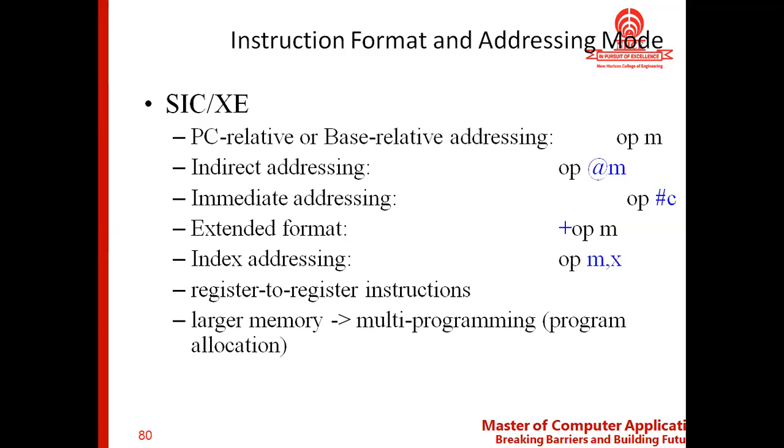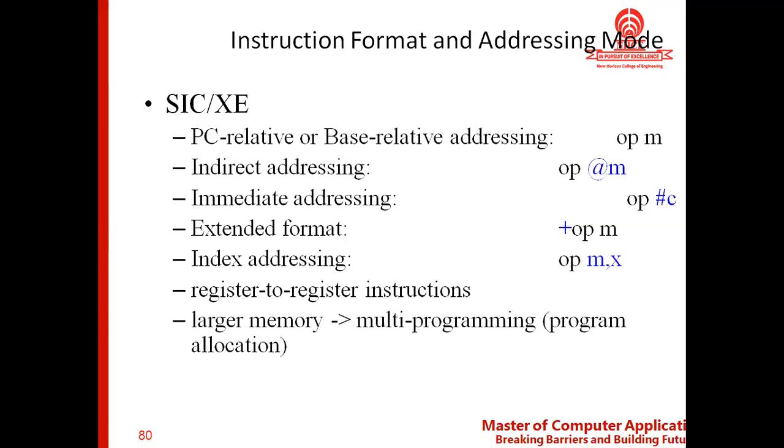If you look at this slide, it gives you an overall idea about the different addressing modes. When you see the instruction, we can easily make out which kind of addressing mode it follows. For example, if the opcode is followed by memory, then it can be PC relative or base relative. That is the example we have seen.